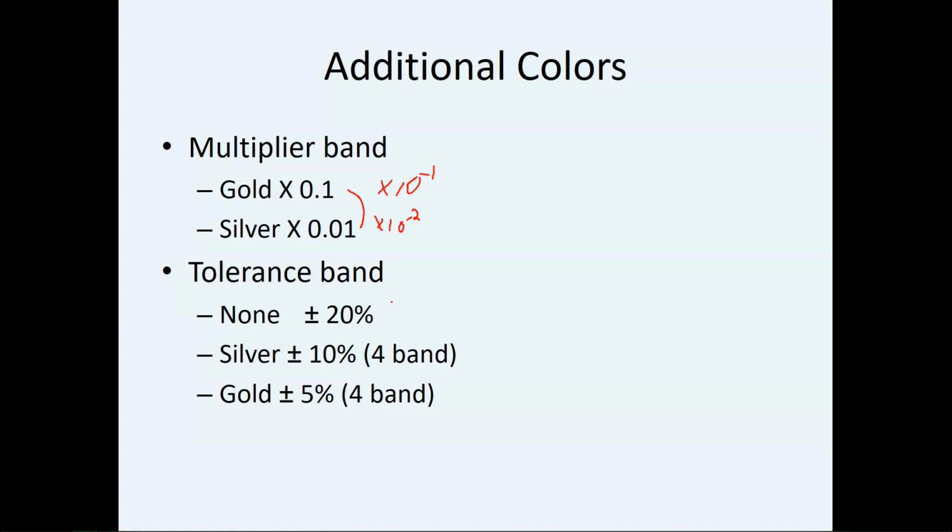And as for tolerance bands, these two are common for 4-band resistors. This is for a 3-band resistor. So the looser the tolerance, the more you have fluctuation between the numbers you're supposed to have and the numbers that you have when you actually measure the resistor.